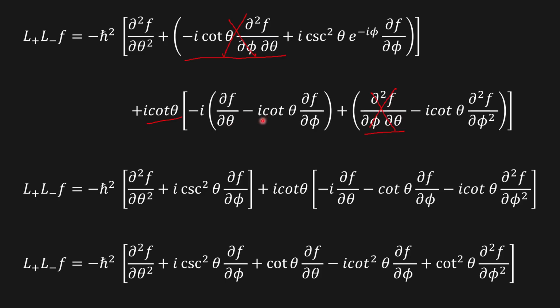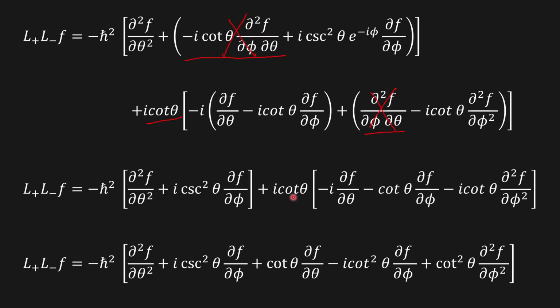The second term will become minus of minus will become plus, and I squared is minus 1. So this will become minus cos theta delta f over delta pi. Then the last term is minus I cot theta delta 2 f over delta pi 2.